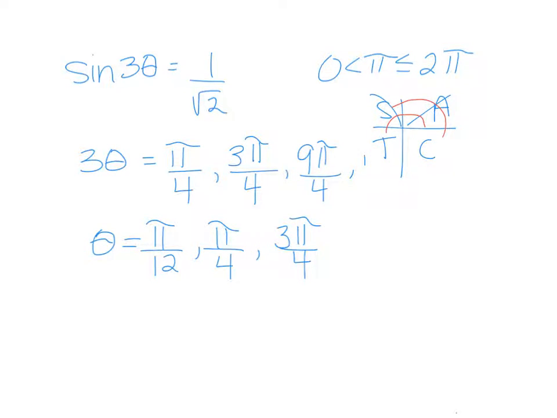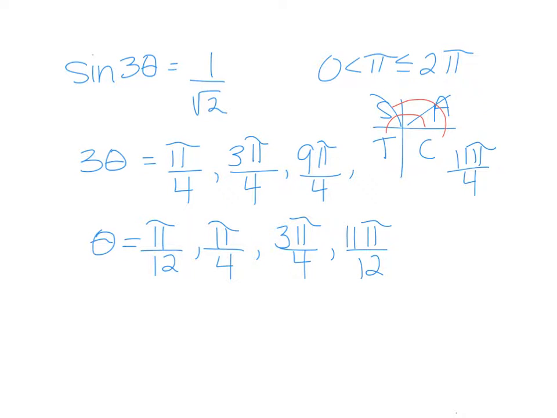I'm running out of space here, I'll just put it over here. 11 pi over 4. Divide that by 3 and you get 11 pi over 12. Is that still small enough? That's still just between 0 and pi, right? So keep going and finding more solutions until we get to a solution that's too big.